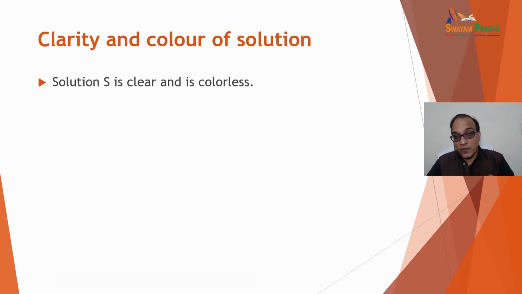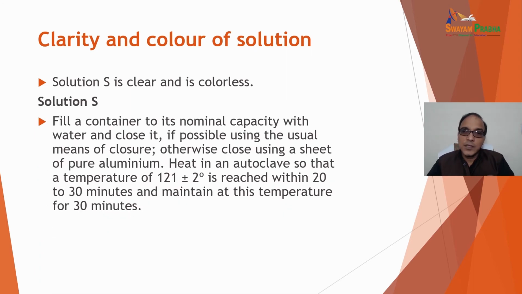Now clarity and color of solution. Solution S is clear and colorless. What is solution S? Fill a container to its nominal capacity with water and close it, if possible using the usual means of closure. Otherwise close using a sheet of pure aluminum.